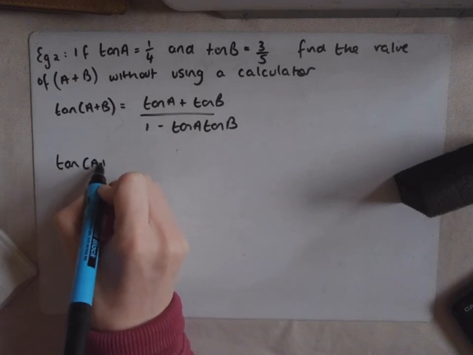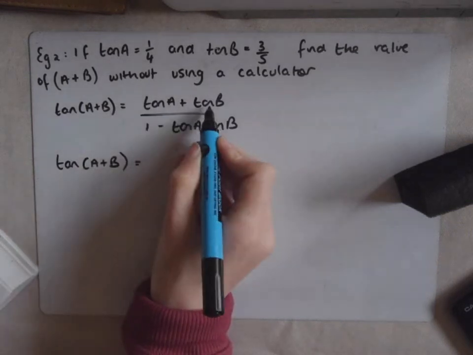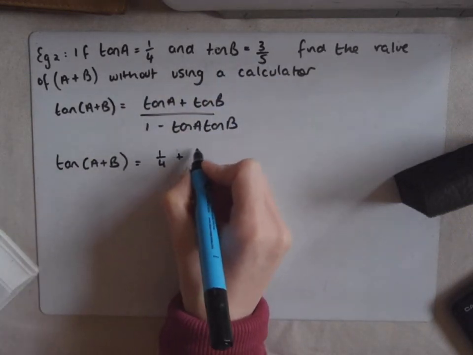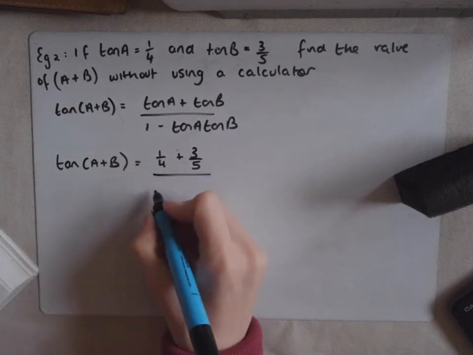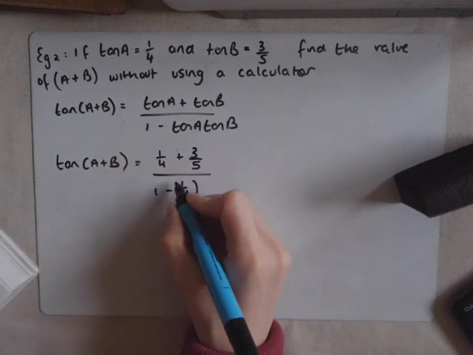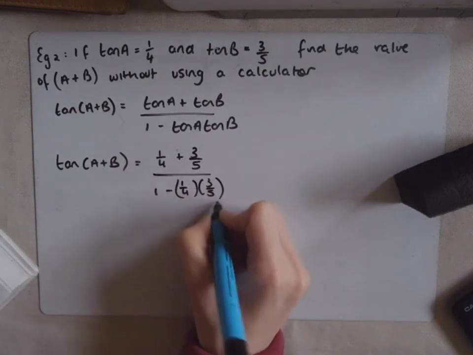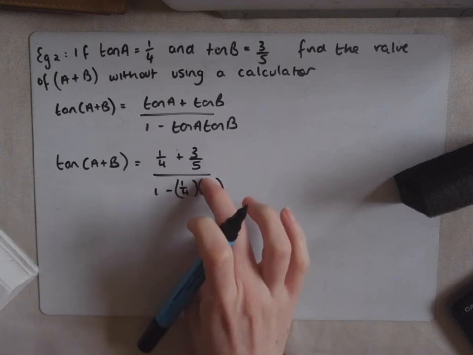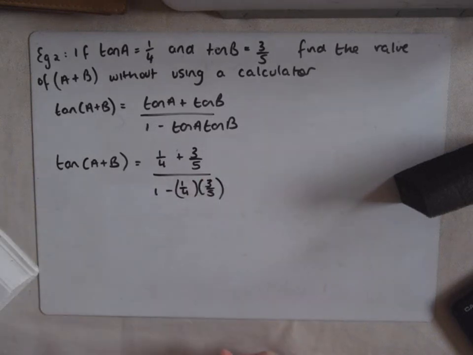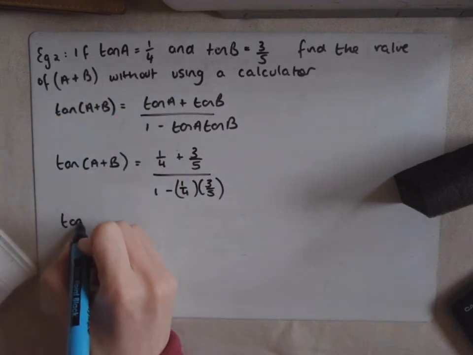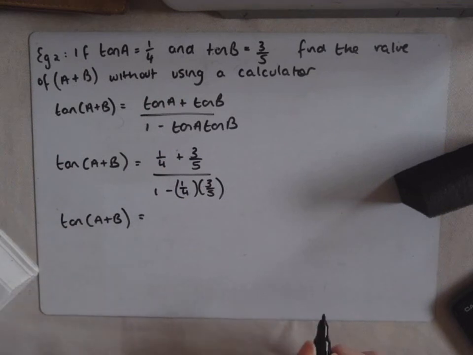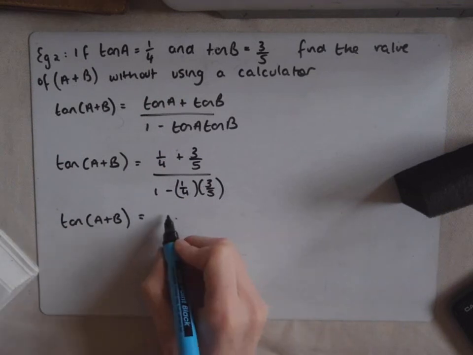So tan of A plus B, instead of the tan A and the tan B here, I'm going to replace it with my numbers. So a quarter plus 3/5 over 1 minus a quarter by 3/5. All you're doing is replacing the tan A and the tan B with what you actually have. And when I throw that into my calculator, I get 1.